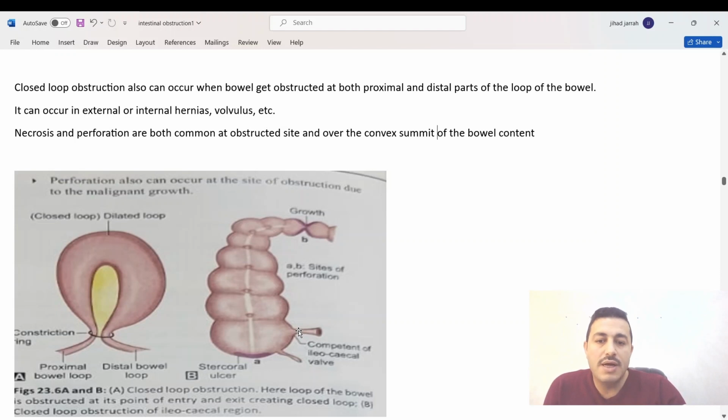It's working well, so it prevents reflux of the fluid and fecal material backward, retrograde to the small intestine, so it doesn't empty. So what happens is closed loop obstruction. We have distal obstruction and a proximal patent competent ileocecal valve, so we have closed loop obstruction.